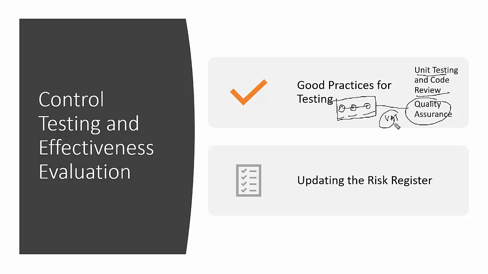So effective testing considers specific aspects of data, version control and code to the extent that these apply to a given control. And after that, you need to update the risk register. See, the risk register we first update when we identify the risk, and the risk register again we update after implementing a control.